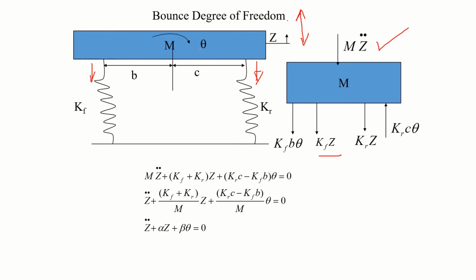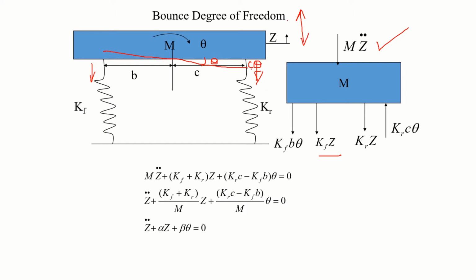Because of theta displacement, one side spring may be stretched, another side spring may be compressed, so this is theta. If this is C, this will become C theta.